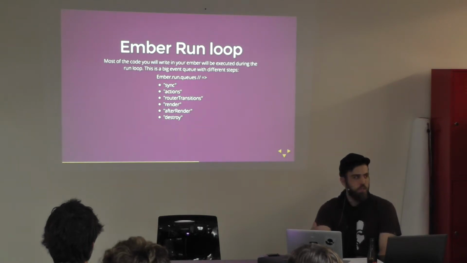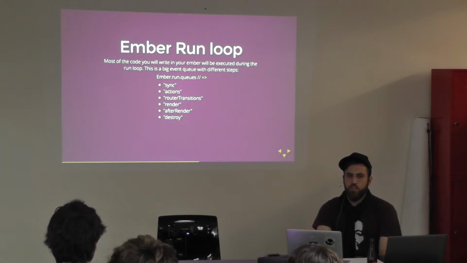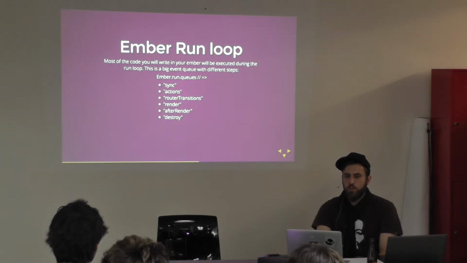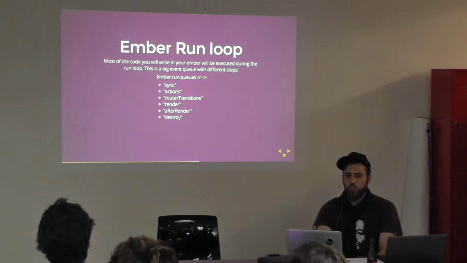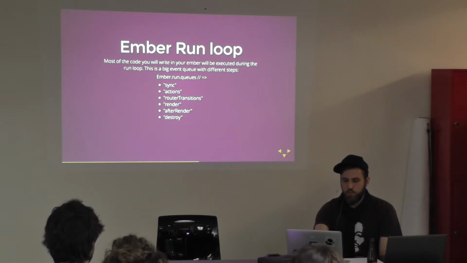And then, for example, if you want to execute third-party stuff on the DOM, you will usually start a new loop and wait until the template has rendered, and then you are sure that it's rendered into the DOM. Because sometimes what happens is that you initialize the third-party plugin, but the template is not yet rendered. So here it automatically waits until that is rendered into the DOM.